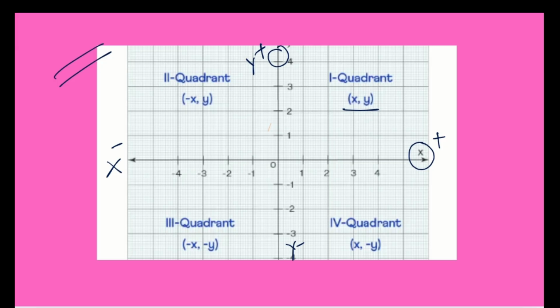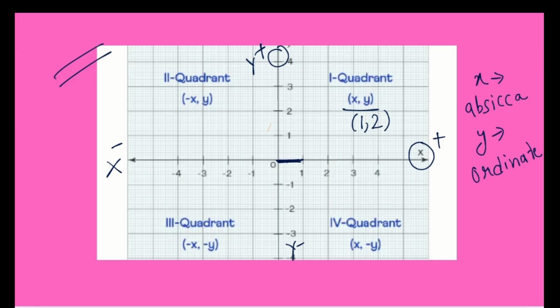Here, for x and y coordinates, for example, you have to plot 1 and 2. So x is basically called the abscissa and y is called the ordinate. So this is abscissa and this is ordinate. Abscissa is the horizontal distance from the origin.